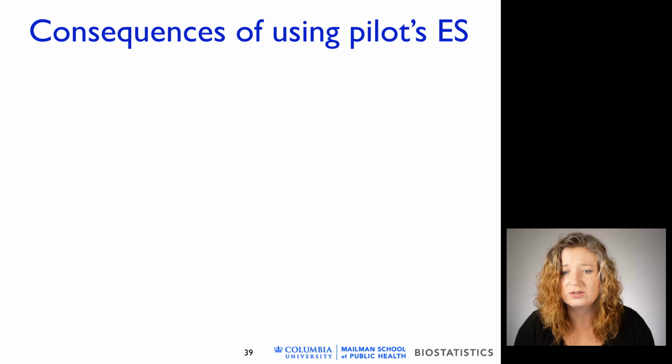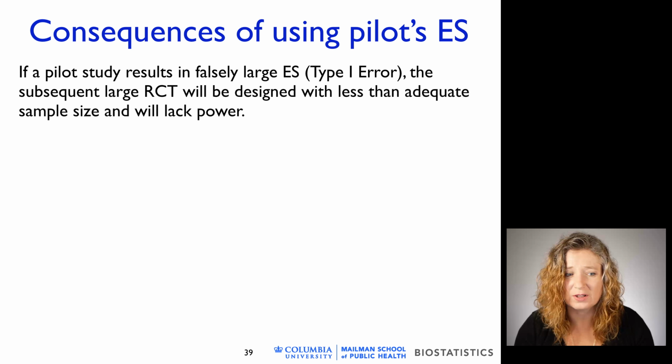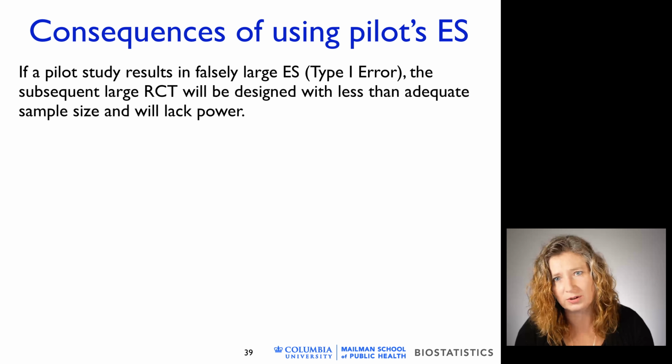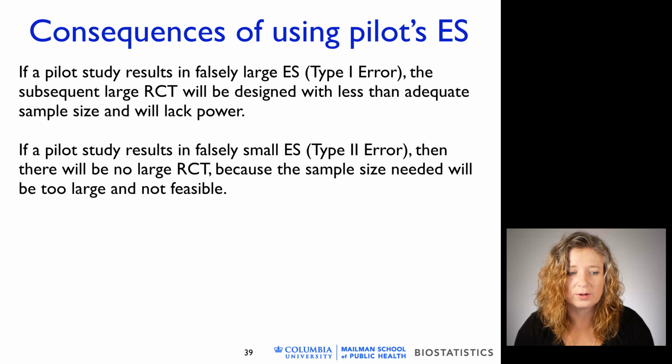The consequence of using the pilot study effect size is that if the pilot study results in a falsely large effect size, type 1 error, the subsequent large RCT will be designed with less than adequate sample size. We will basically say you don't need that many subjects in a large RCT, because we expect that the observed odds ratio will be super large, but that will not happen, and we will end up with an underpowered study.